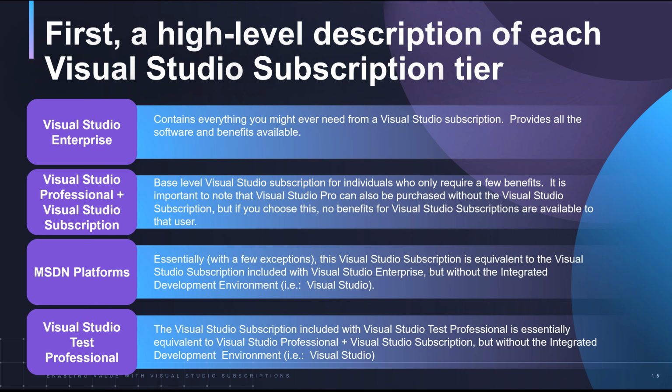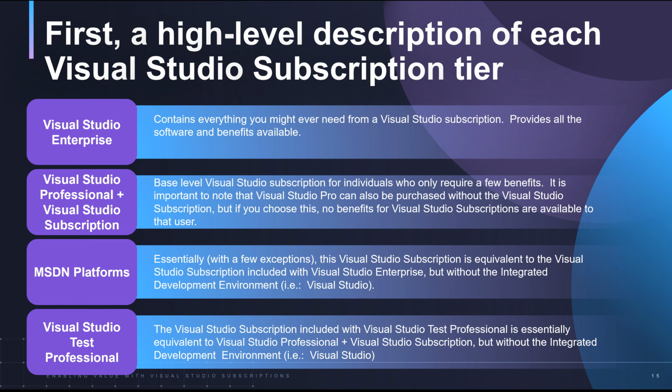MSDN Platforms is, for all intents and purposes, basically the Visual Studio subscription that comes with Visual Studio Enterprise. But the difference between Visual Studio Enterprise and MSDN Platforms is that MSDN Platforms does not include the development tools. So the Visual Studio Integrated Development Environment is not included in MSDN Platforms. And then the final one is Visual Studio Test Professional.